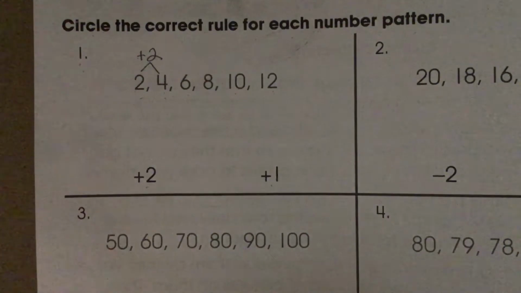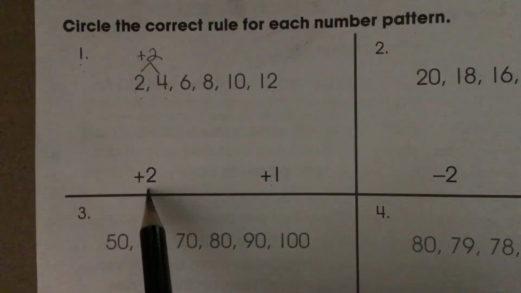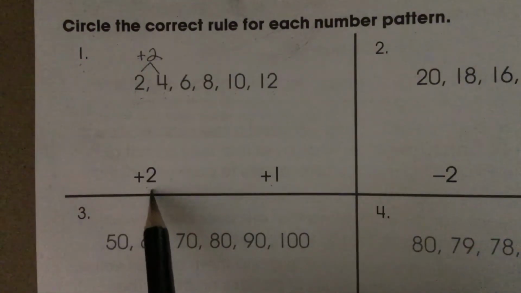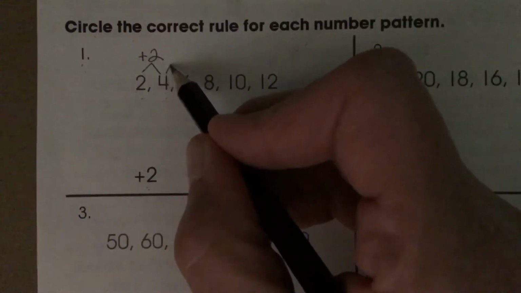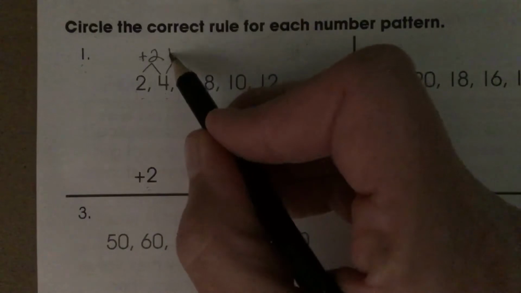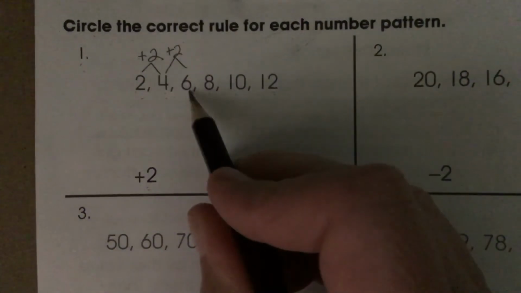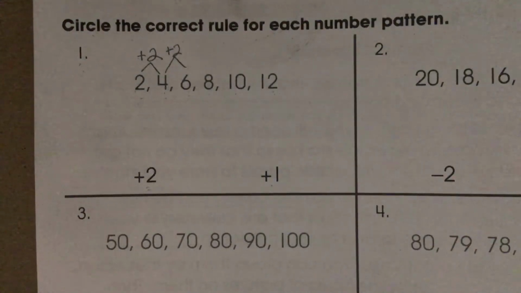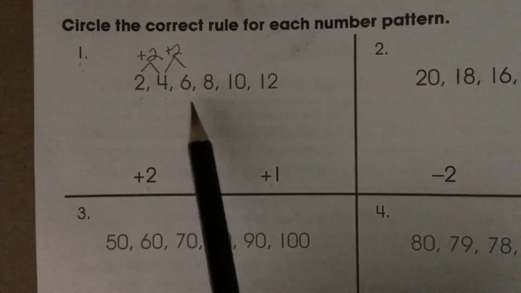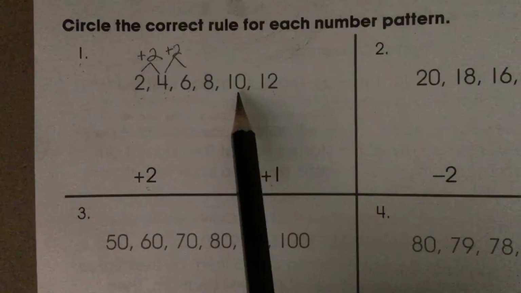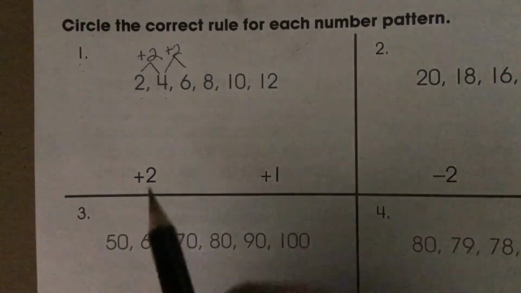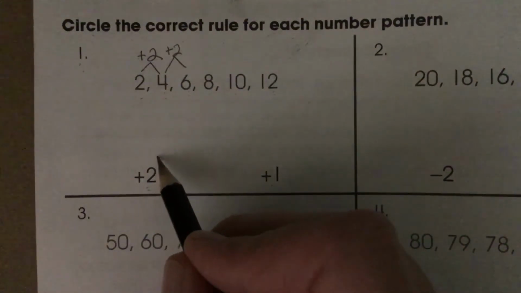So it looks like +2 is probably the rule, but let's do another one just to make sure. 4 plus 2 is 6. That looks like the pattern. 6 plus 2 is 8, 8 plus 2 is 10, and 10 plus 2 is 12. So the rule is +2.